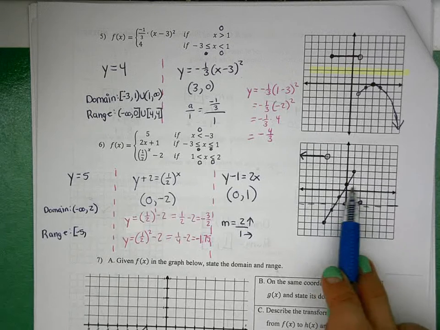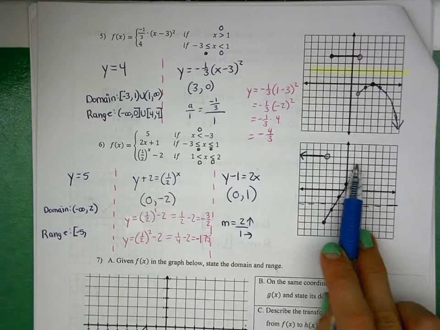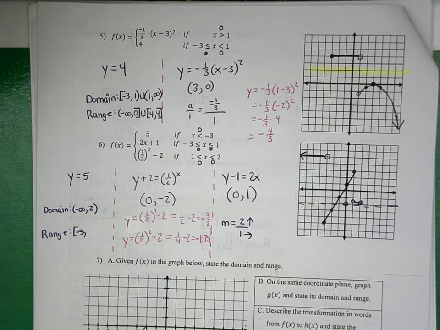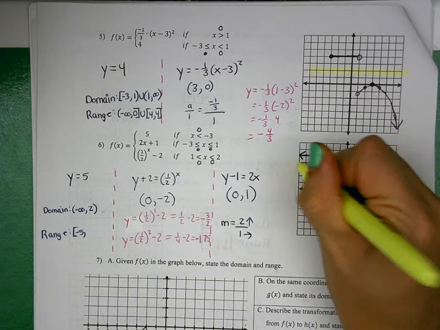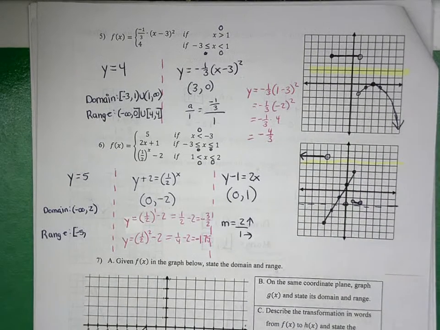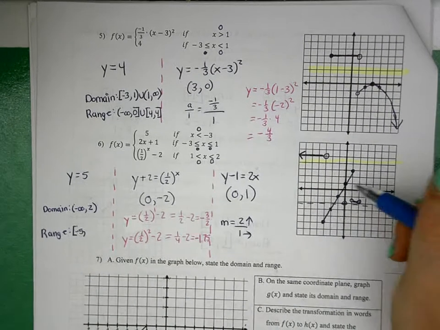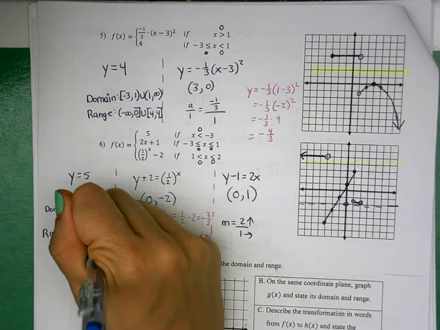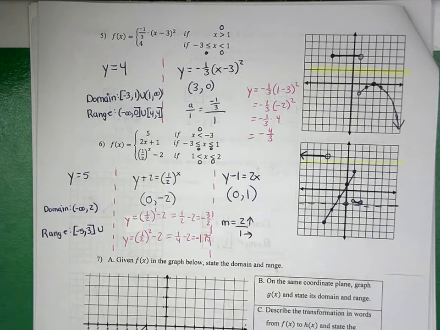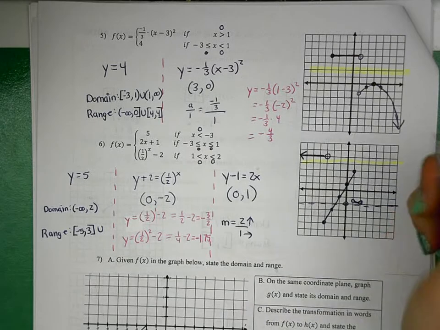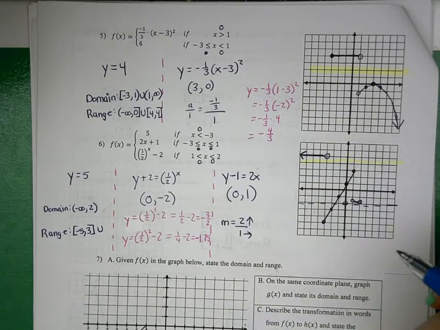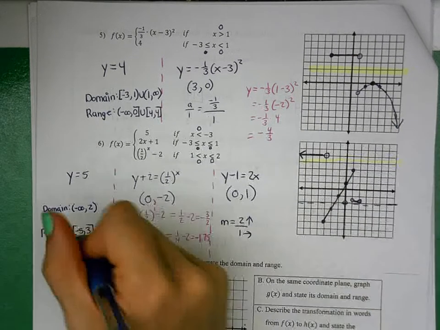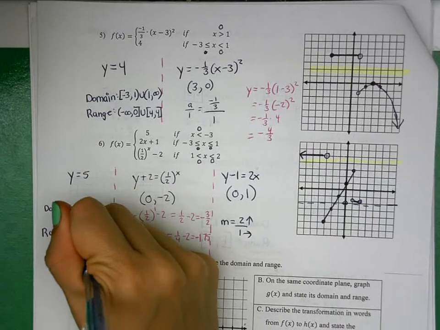And then right here we've got a break again in my graph. So I need to make sure that I do cut off the range here at y equals 1, 2, 3. There is a point there, so that's a bracket. And then my range picks back up again up here at 5, and it goes from 5 to 5, and so that's my range.